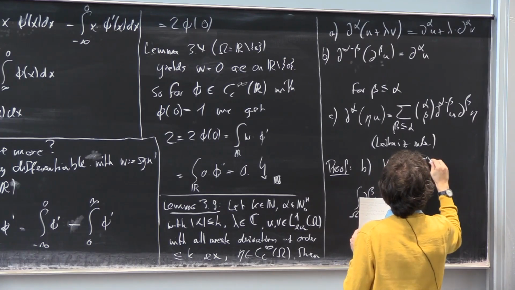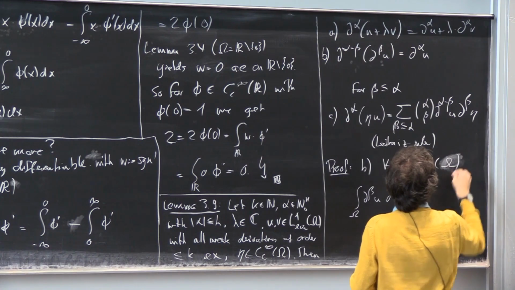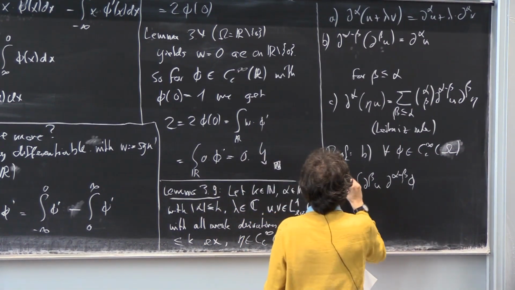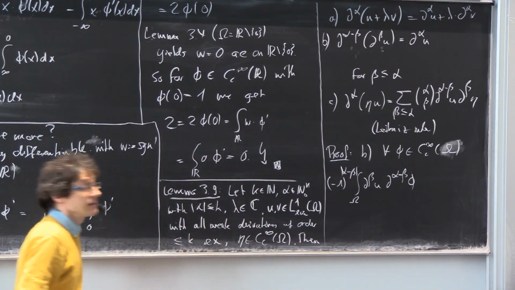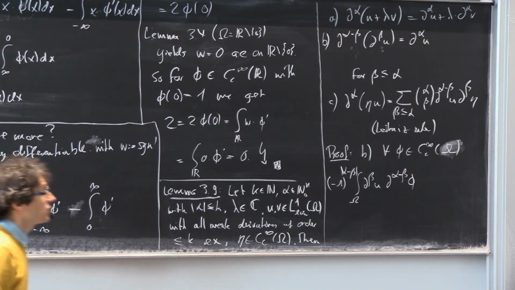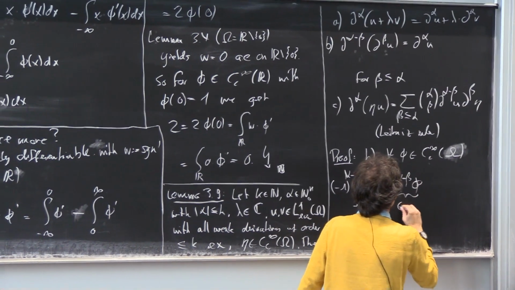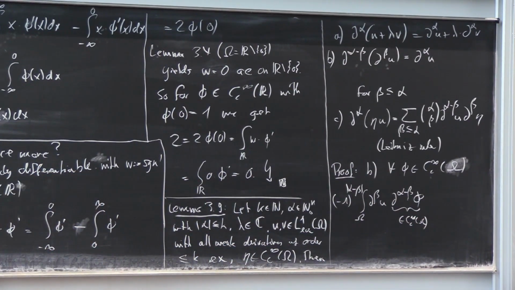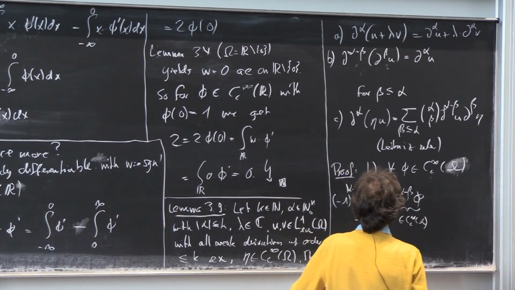Take again any test function in omega, and do the right number of minus signs in front. And now the important point to note is that whenever phi is a test function, all its derivatives have the same quality. So this is again a test function. So you can now apply the definition of the beta derivative and get this to the other side.